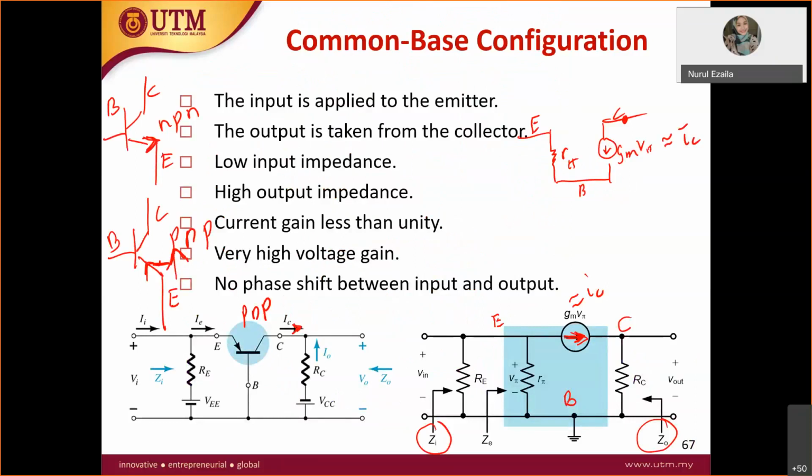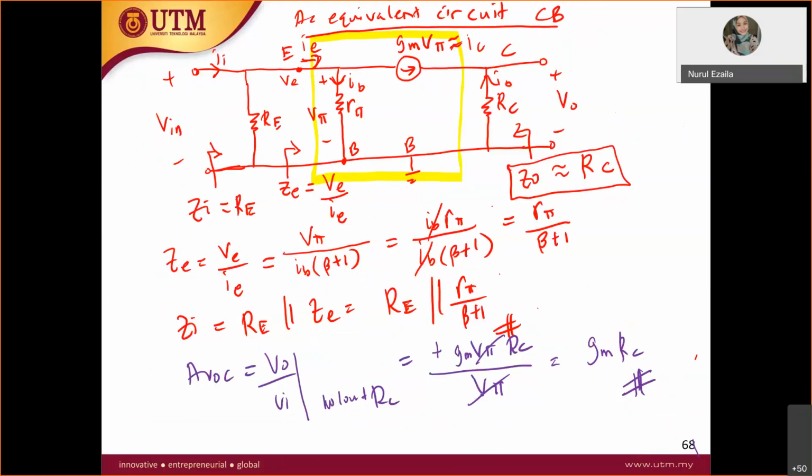If you draw the AC equivalent circuit, you have GMV pi horizontal like this, and then you have R pi. This is your hybrid pi model in the yellow box: R pi, GMV pi, and base to the ground. I hope you still remember this.